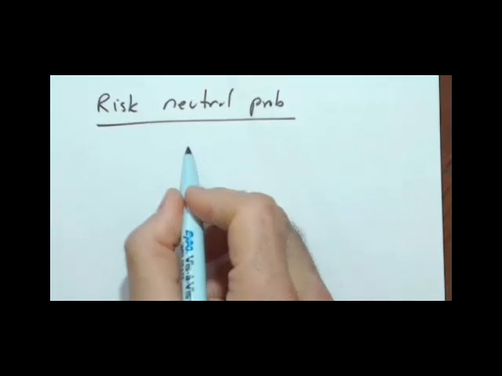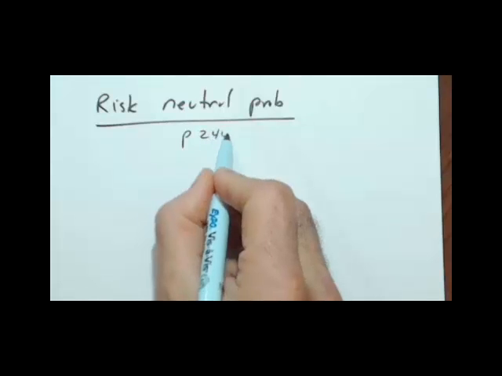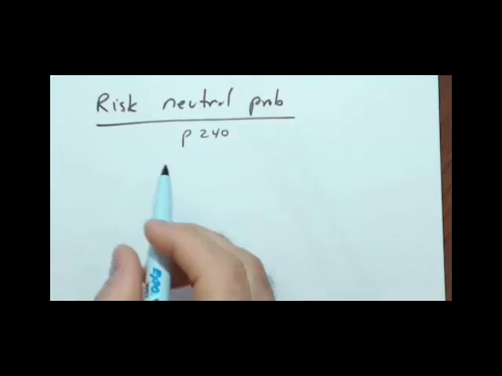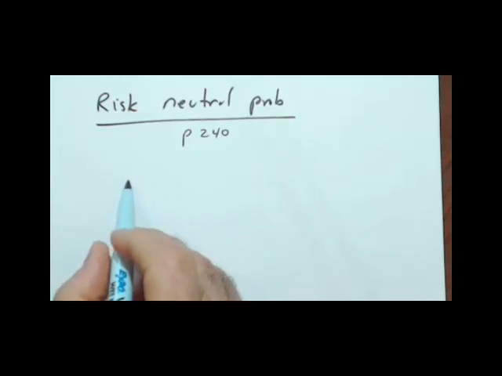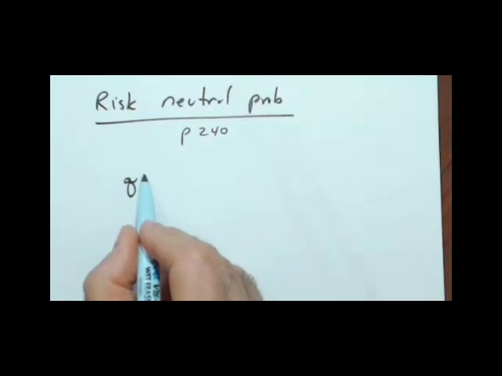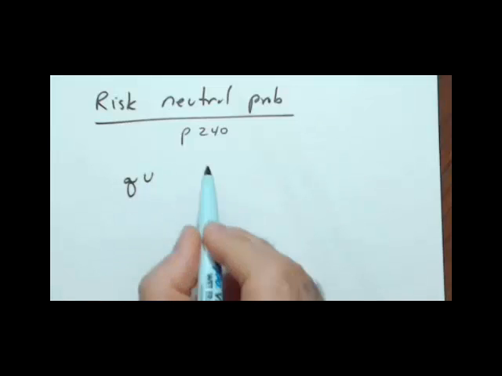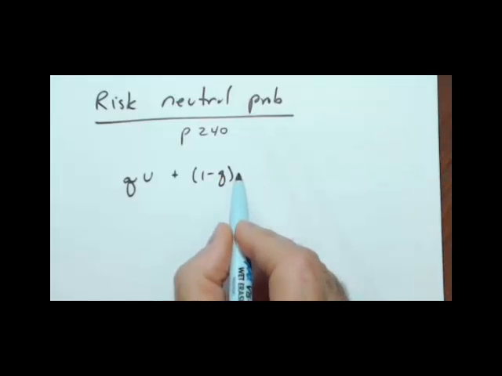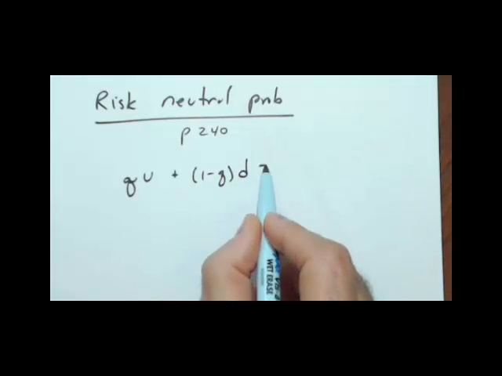So now I'm looking primarily at page 240. 240 is where I am right now. And what we're going to do is look at this risk-neutral hedging, and we're going to say, if we take a probability, let's call it Q, Q is the probability of the upstate. Multiply it by the upstate plus 1 minus Q and multiply it by the downstate.